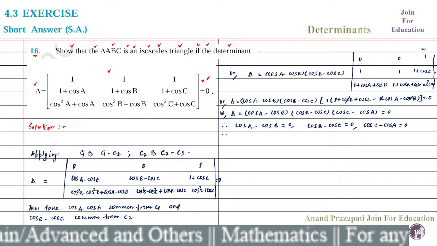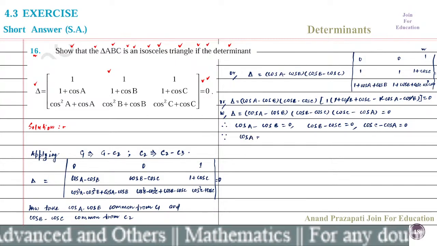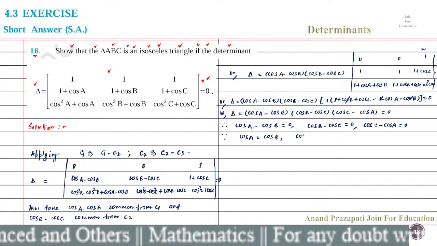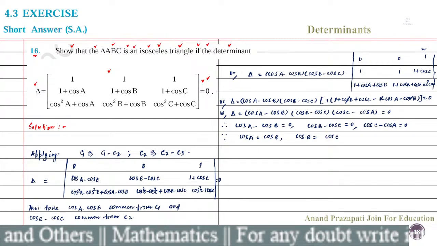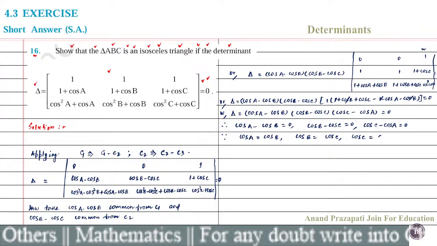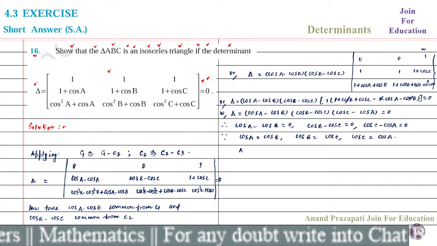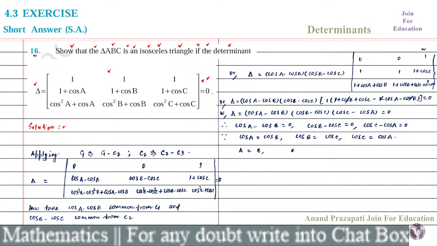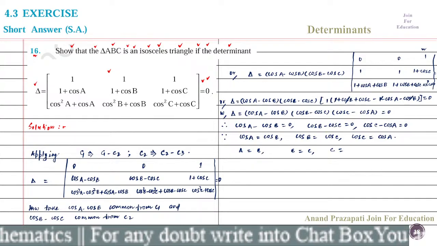Therefore cos a equal to cos b, and cos b equal to cos c, and cos c equal to cos a. Therefore here will be angle a equal to b, angle b equal to c, and angle c equal to a.